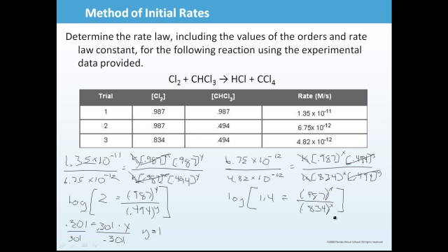Alright, so log of 1.4 is going to give us 0.146.